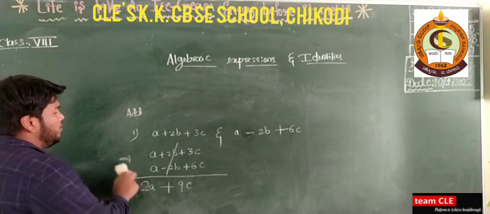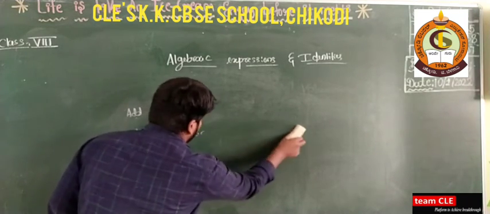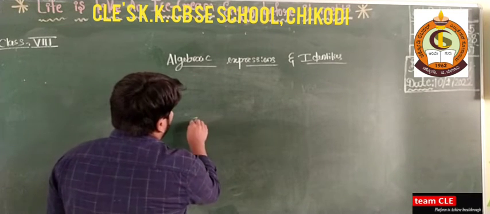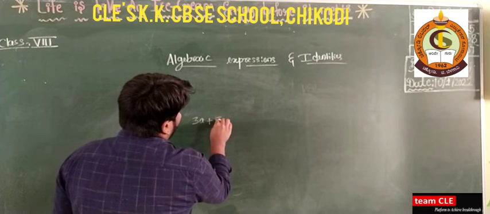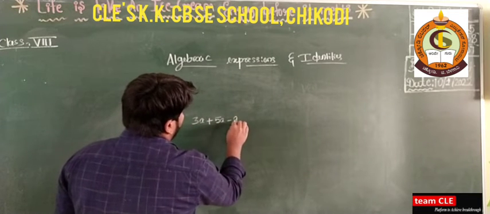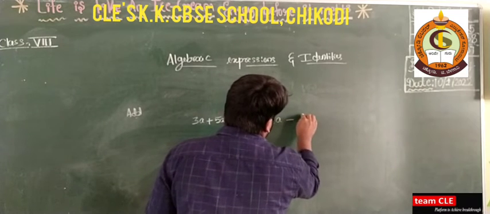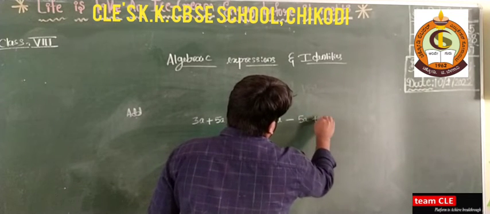One more example. This will be 3a plus 5a minus 9, and similarly 2a minus 5a plus 4.